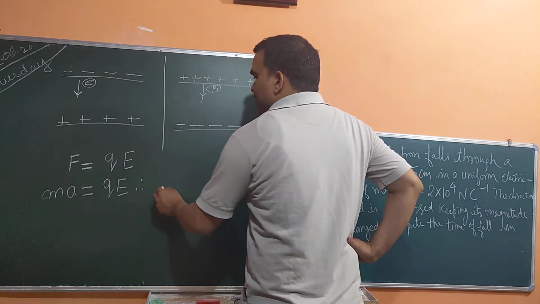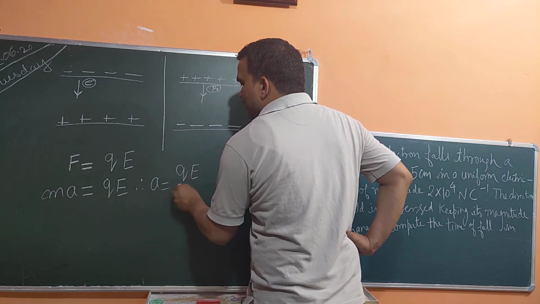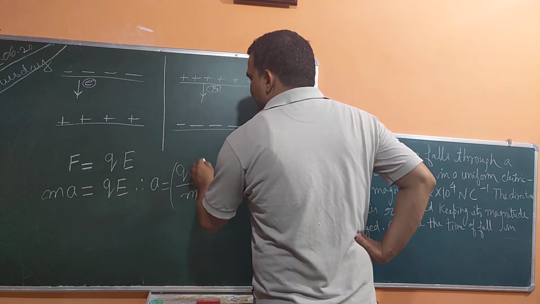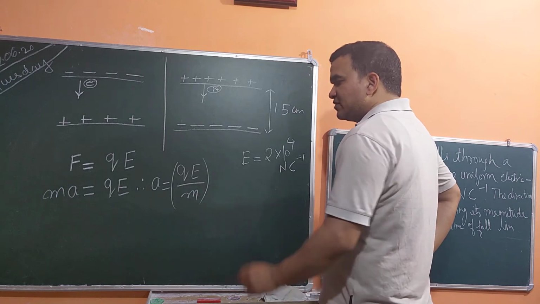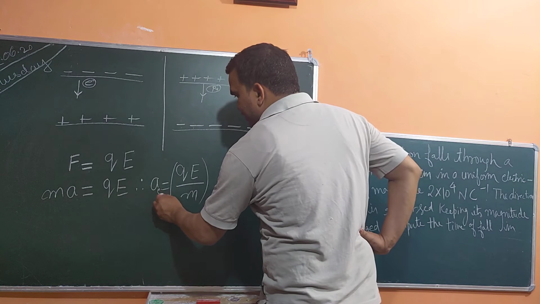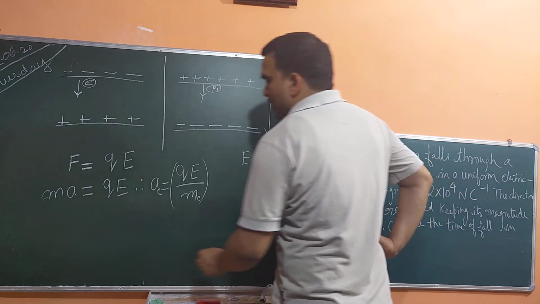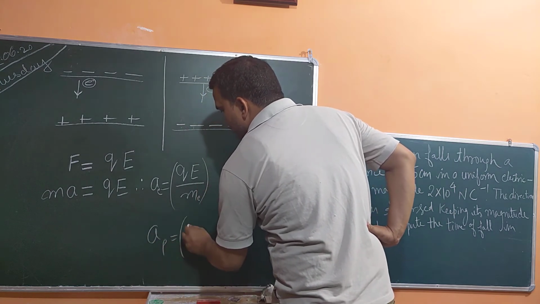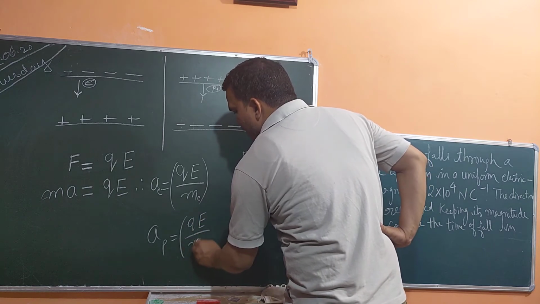Hence we can say a is equal to QE upon m. In case of electron, it would be a_e, and in case of proton, a_p.